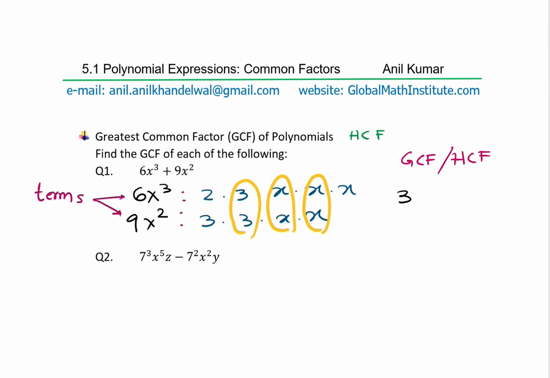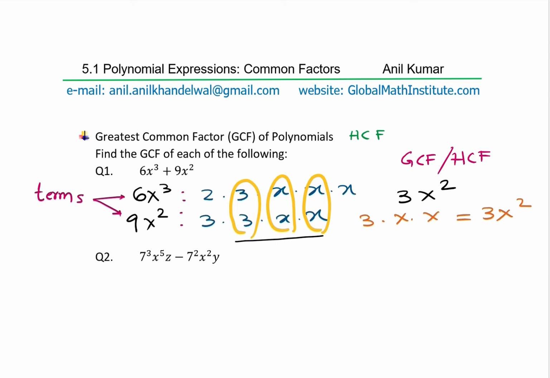So it is 3x squared, which is the greatest common factor. We basically multiplied these three to get our answer, which is 3x squared, right? So I hope you get it.